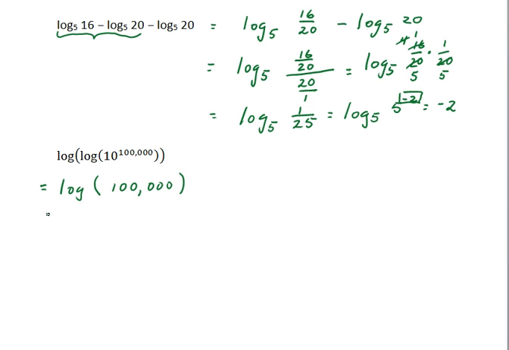That leaves me with log of 100,000, which is 10 to the 5th, and that will leave me with 5. Since we're looking at the common log, log base 10 by default.